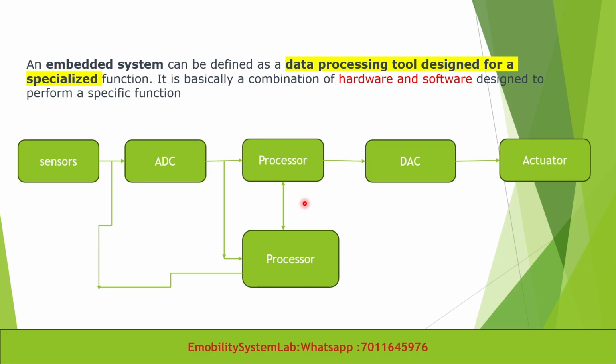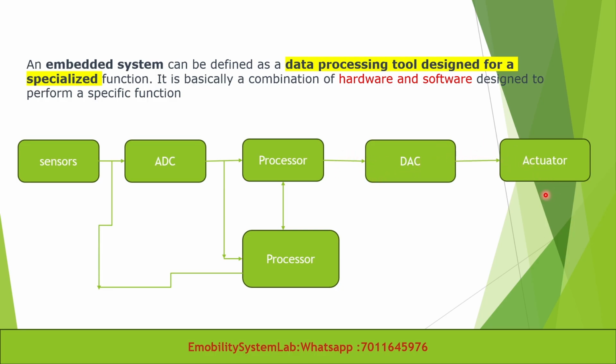It will give you some output, and the output will definitely be digital. But in the real world, for controlling the peripherals of microcontrollers or other peripherals, you need analog signals. That is why we use a DAC, which converts digital signals to analog signals.